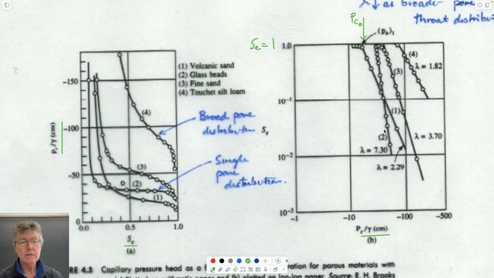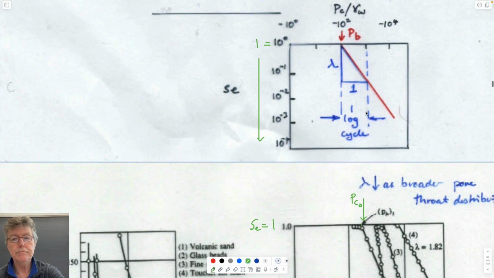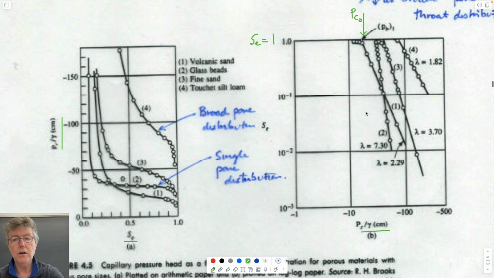And so the important thing is that, if we said, what did we say? So over one log cycle, none of these go over one log cycle, but I could extend this.